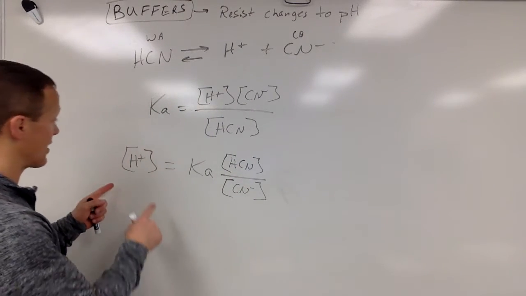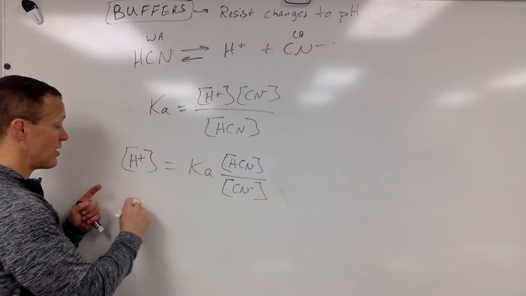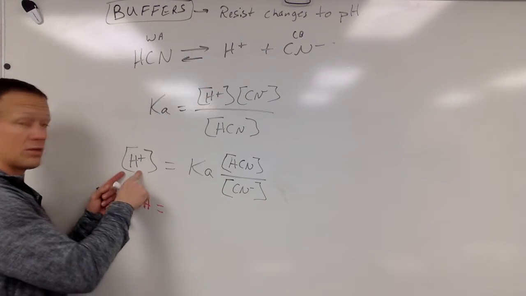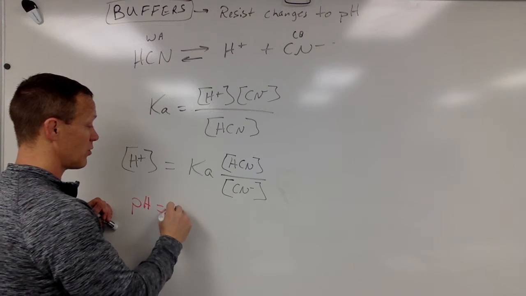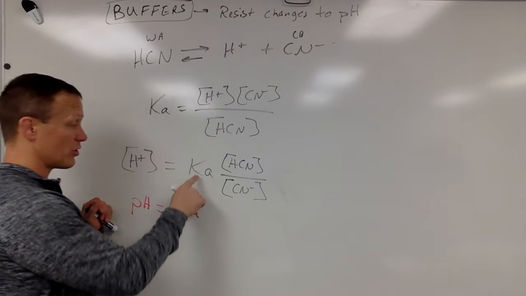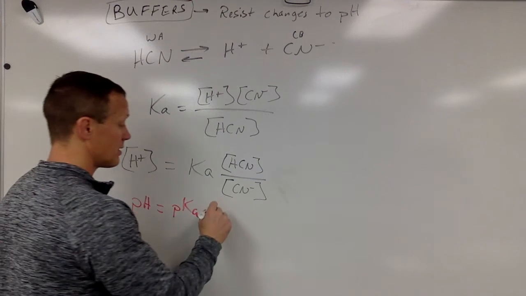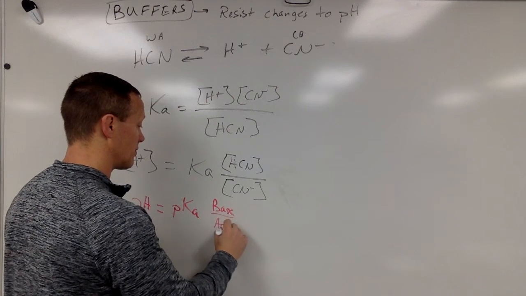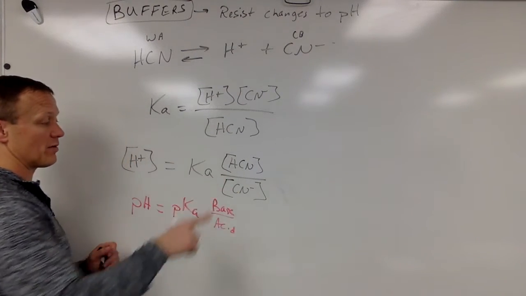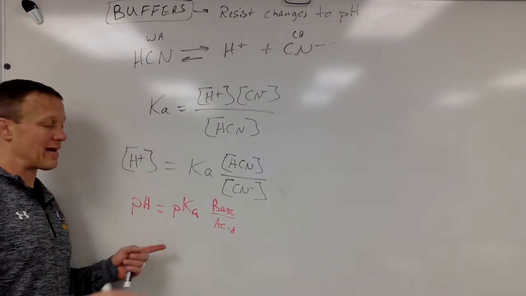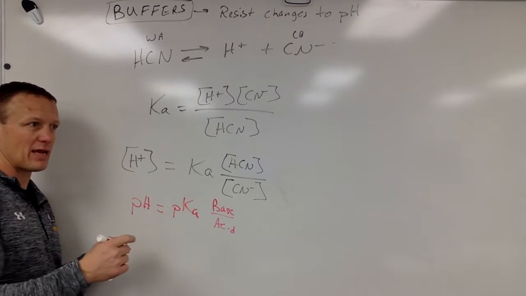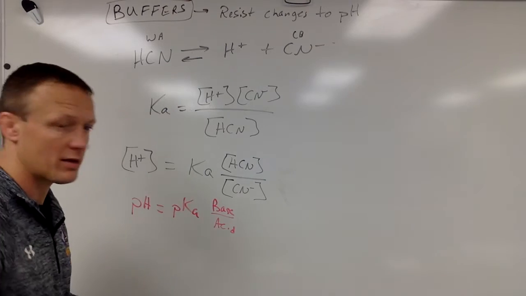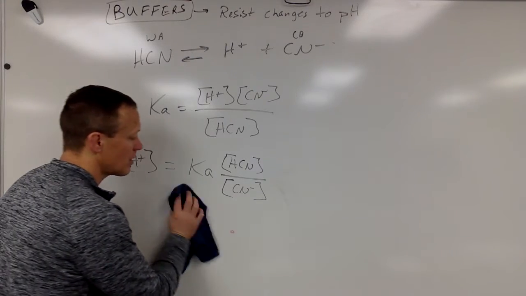They have said pH, which is the negative log of H plus, equals pKa, which is the negative log of Ka, plus the log of the base over the acid. They flip those around, so this is essentially the same thing. I would rather do this than just take the negative log of the answer. It's easier to work with, I think.